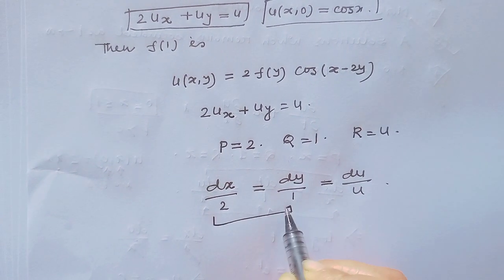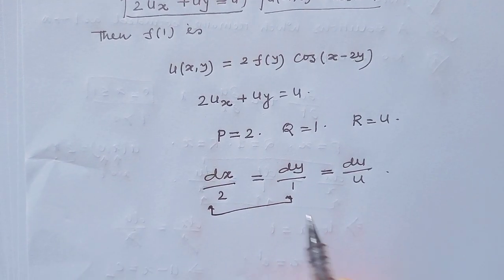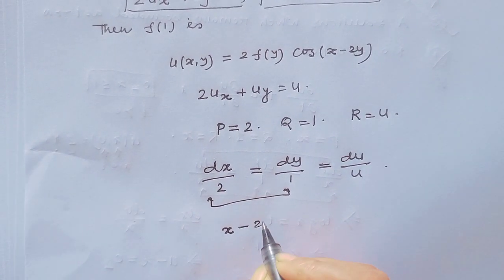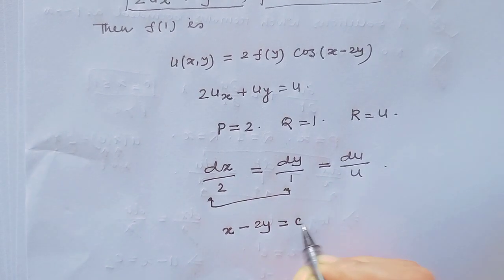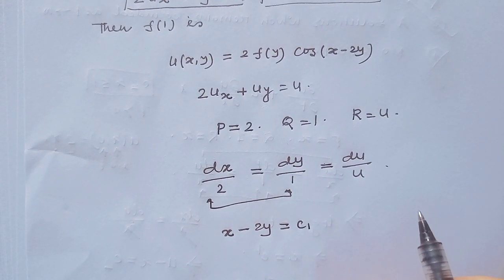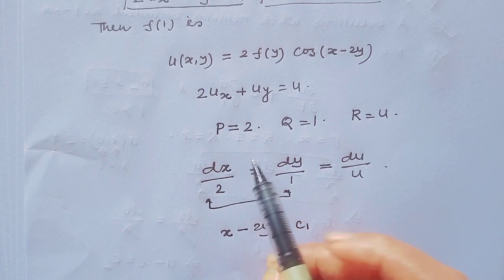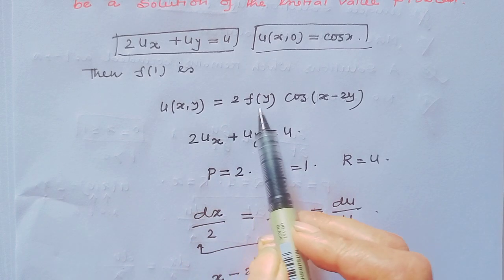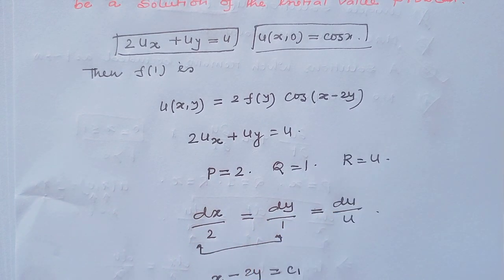If you compare these two equations, that implies x minus 2y equal to c1, and here the solution looks like u(x, y) equal to 2f(y) cos(x minus 2y).